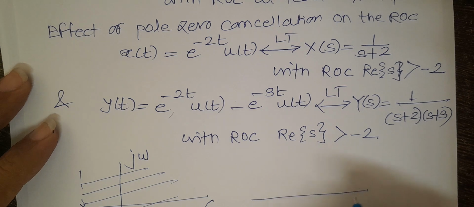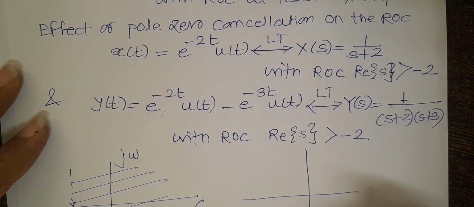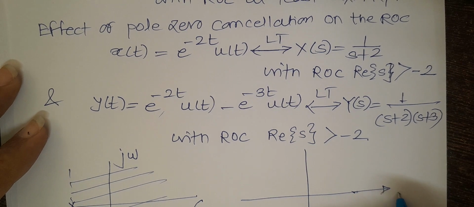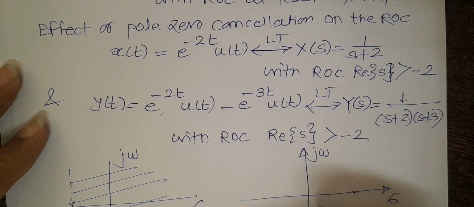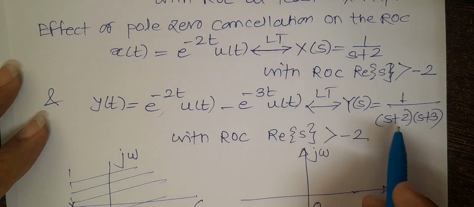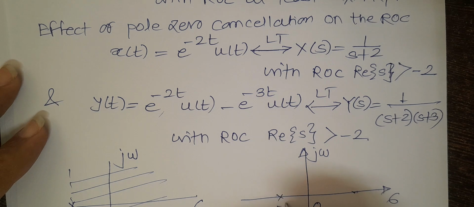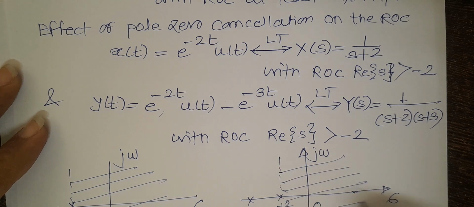Second is like this, with sigma j omega, poles at minus 2 and minus 3. So here the region of convergence will be greater than minus 2.